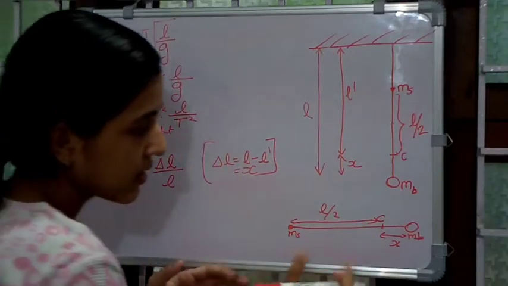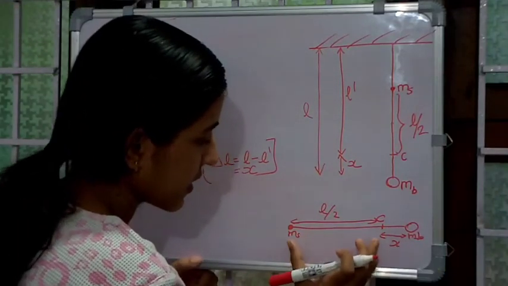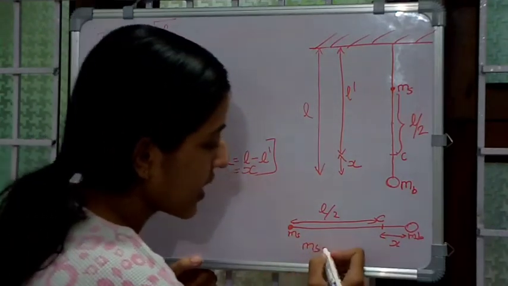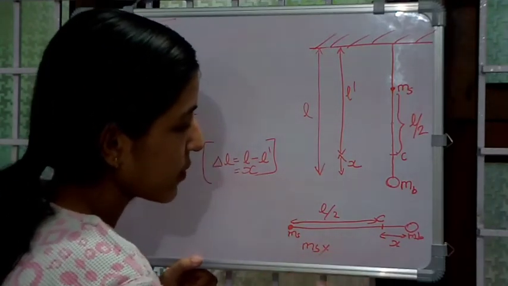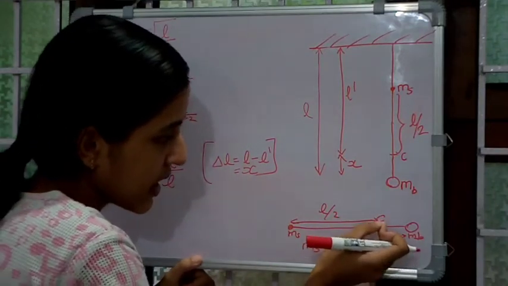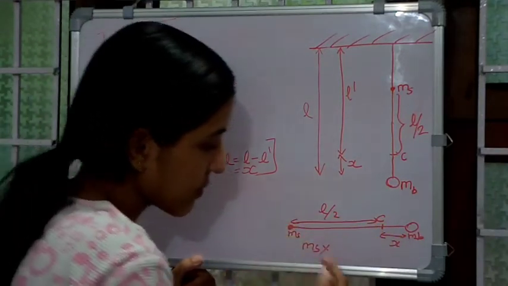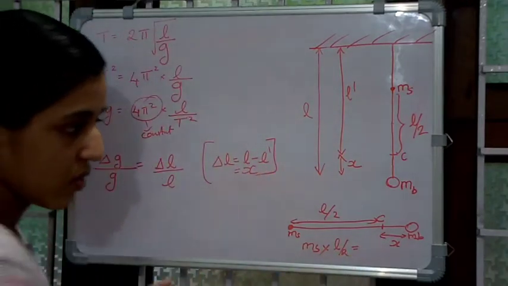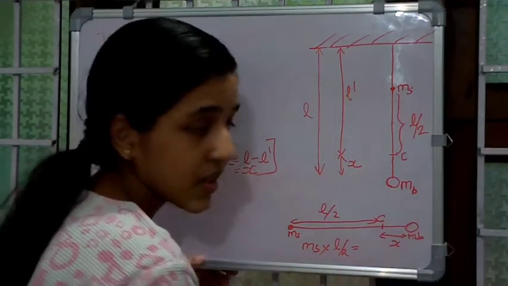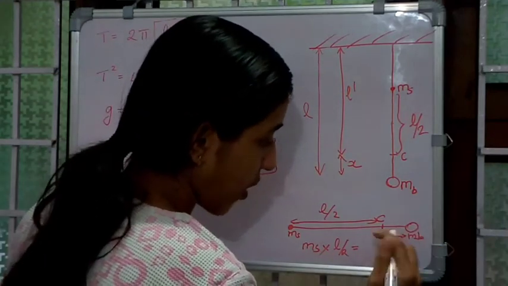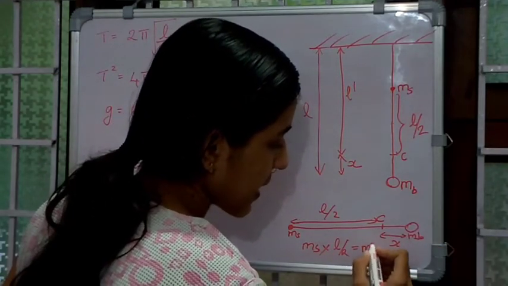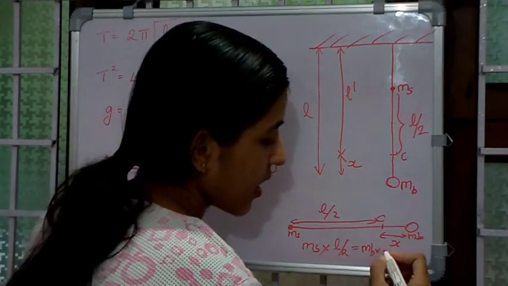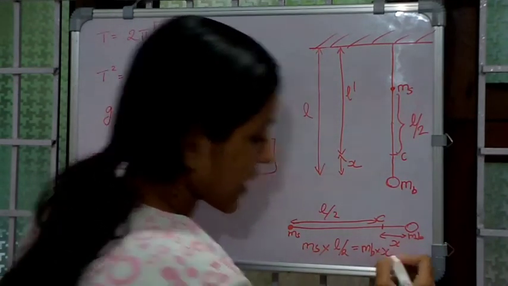So we have learned an equation: ms, that is this mass, multiplied by the distance between the center of mass and this mass ms, which is L by 2, is equal to mb, the mass of the pendulum bob, into the distance between the center of mass and the bob, which is x.